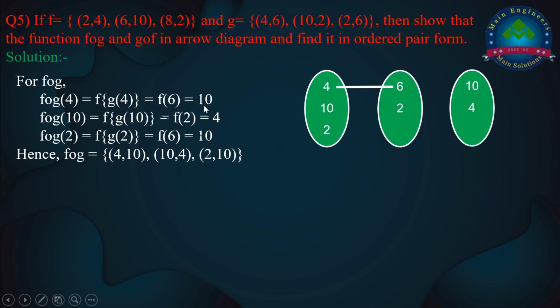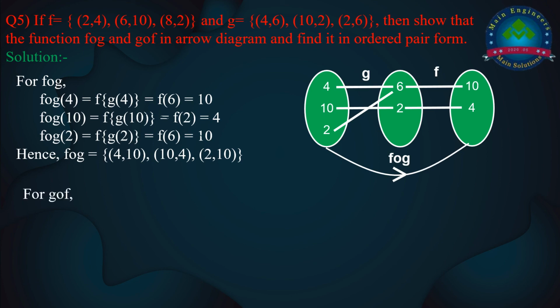When we map, 4 maps to 6, 10 maps to 2, and 2 maps to 6. Then 6 maps to 10, 2 maps to 4, and 6 maps to 10. So we can write this is the g function and this is the f function, and this becomes f of g.